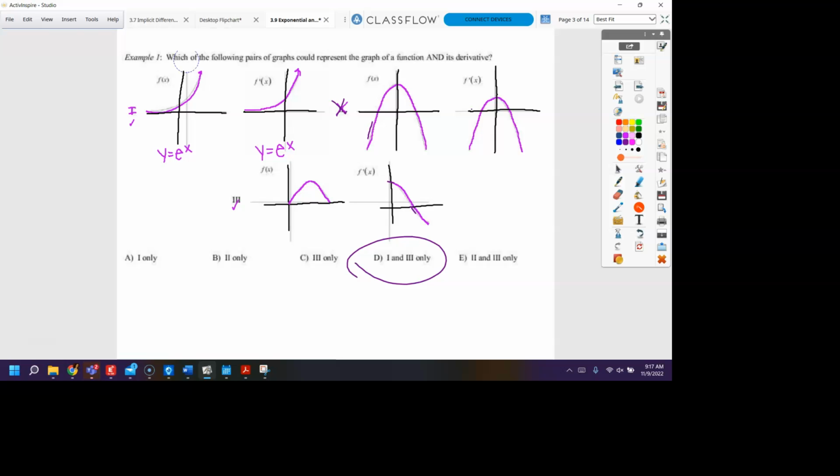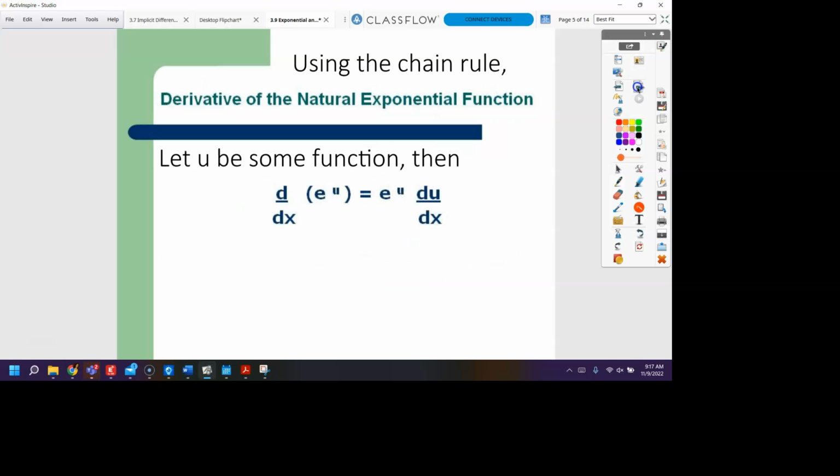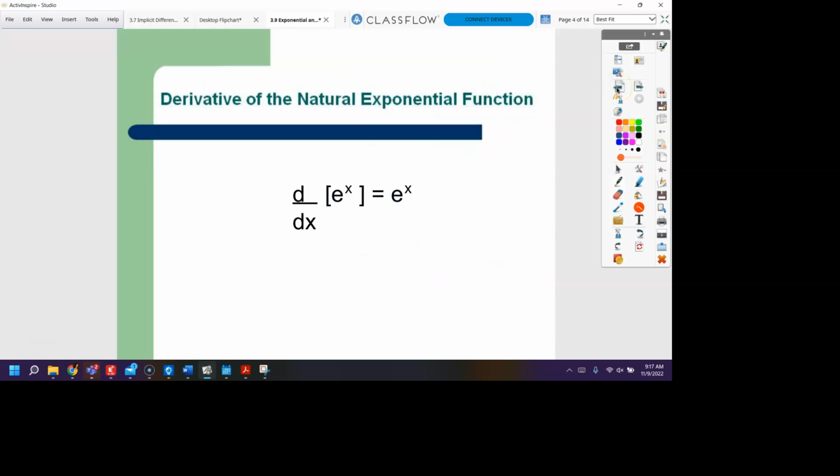So everybody loves the derivative of e to the x because the derivative of e to the x is e to the x. Now don't get me wrong, it'll change if it's to something other than x, but the derivative of e to the x is e to the x. So the derivative of the natural exponential function is e to the x.